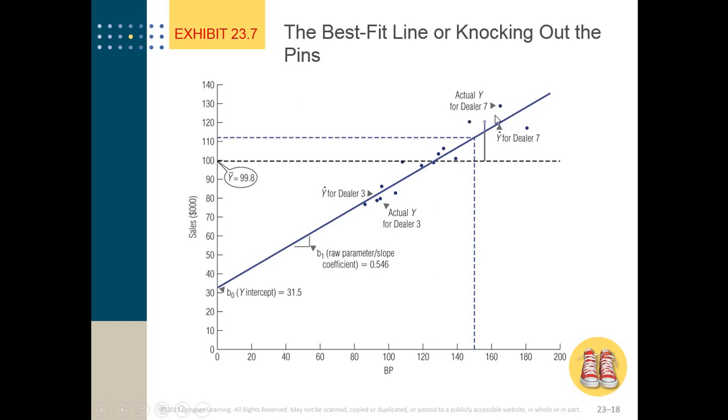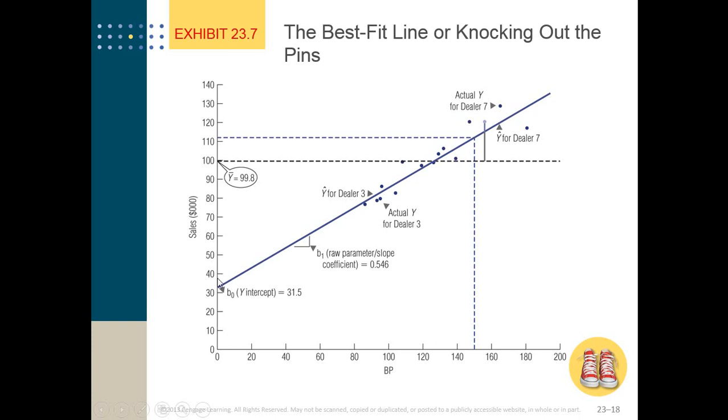Now, what are these dot points? Each of these dot points indicates a combination of the number of building permits and the corresponding sales volume. I mean, when the number of building permits is this, what is the sales volume?